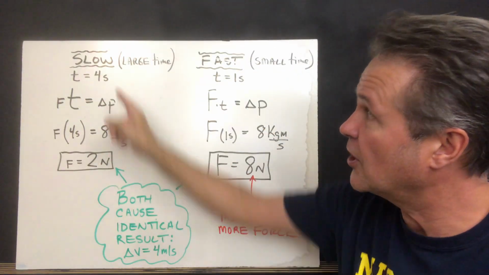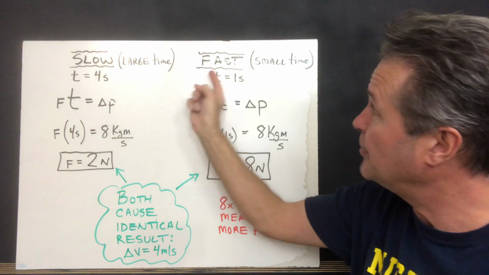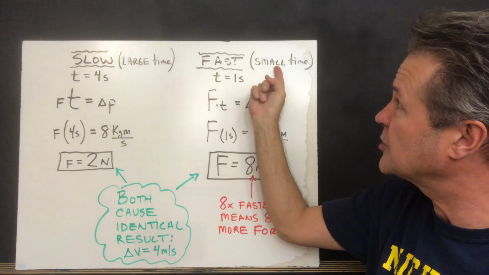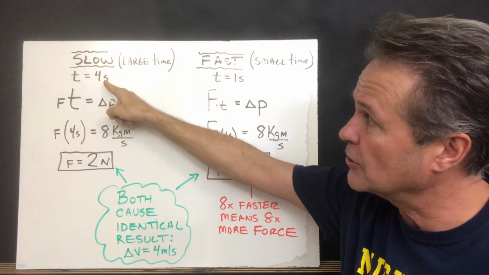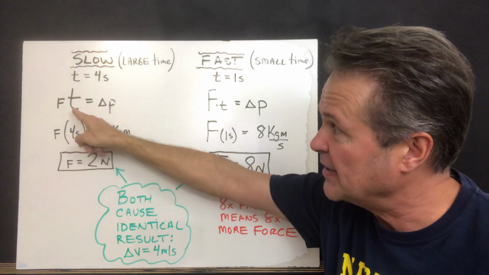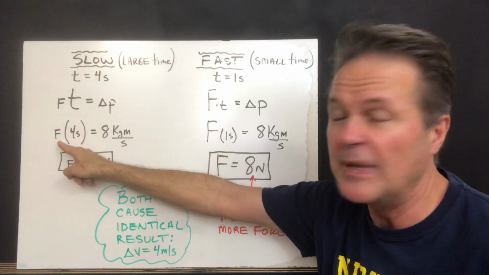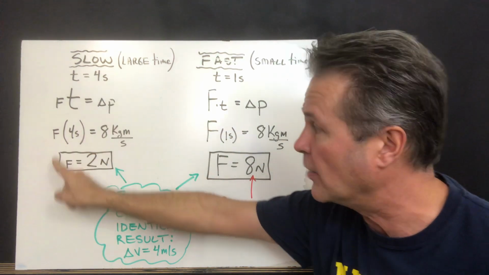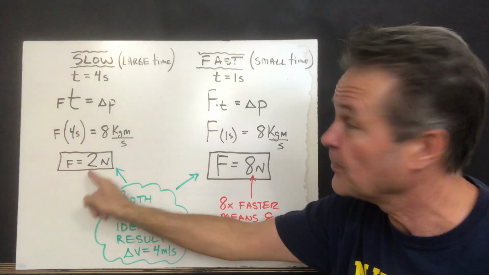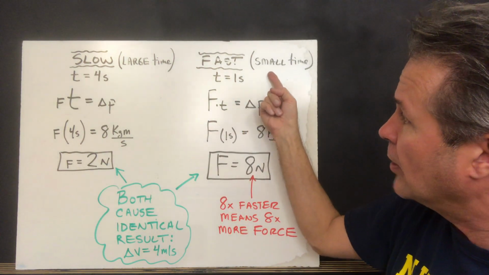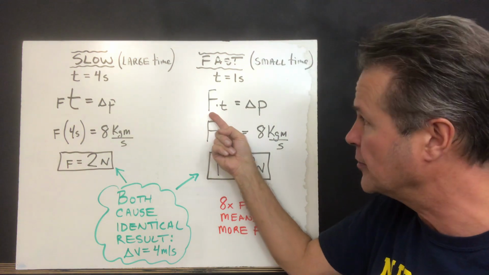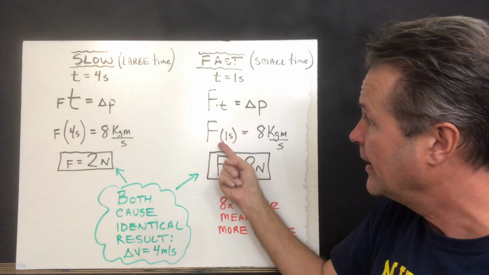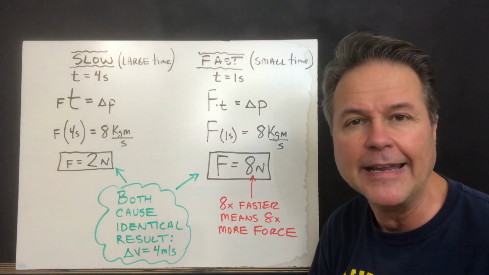Well, if we do it slow, that's large time, compared to fast, which would be a small time. So if we do it slowly in 4 seconds, that means the time is very large, which means the force has to be very small, and it calculates to 2 newtons. If the time is small, that means the force is very large compared to the small time, and that works out to a force of 8 newtons.